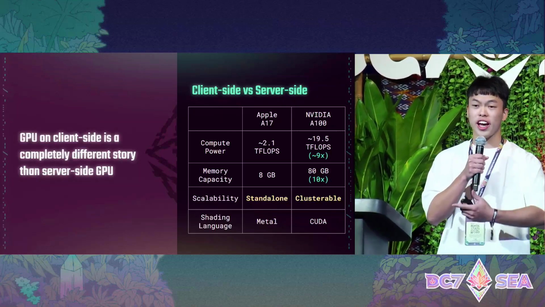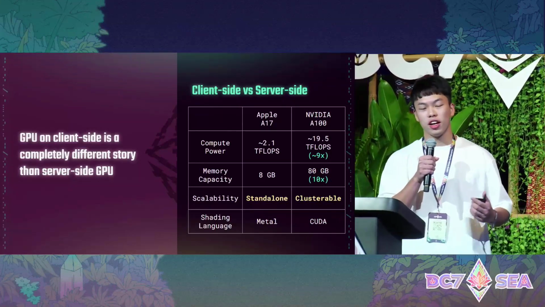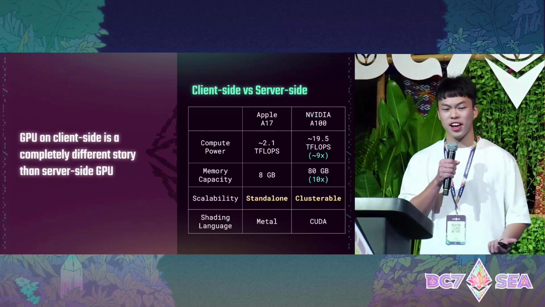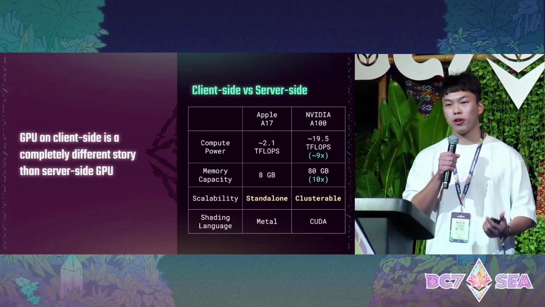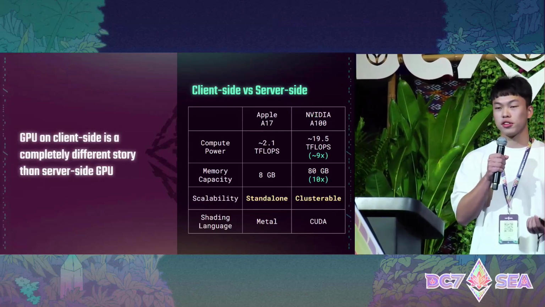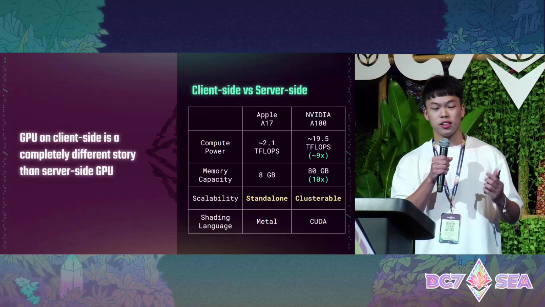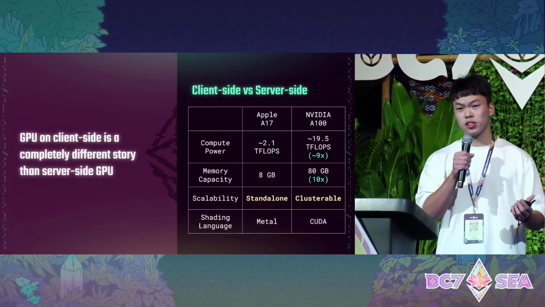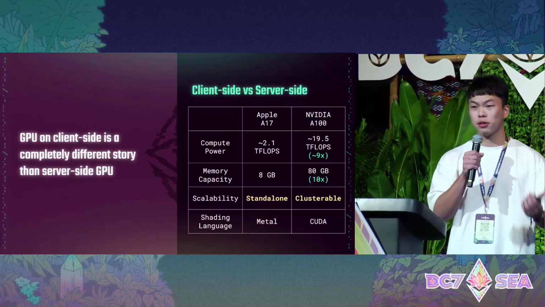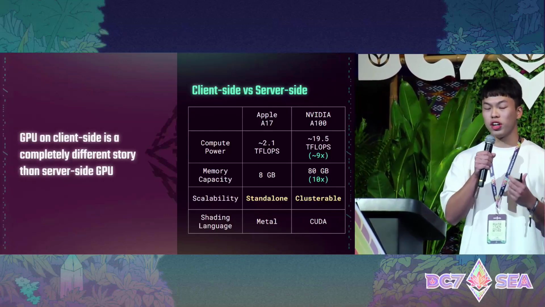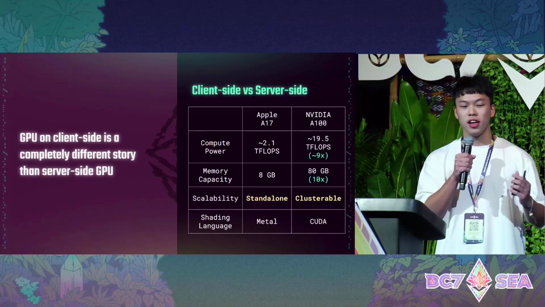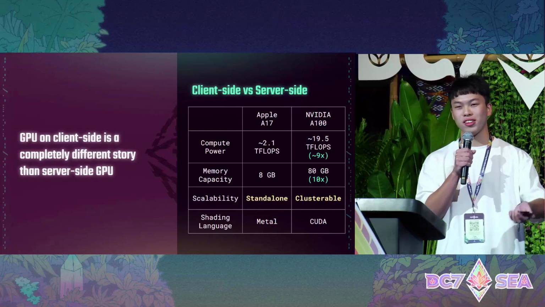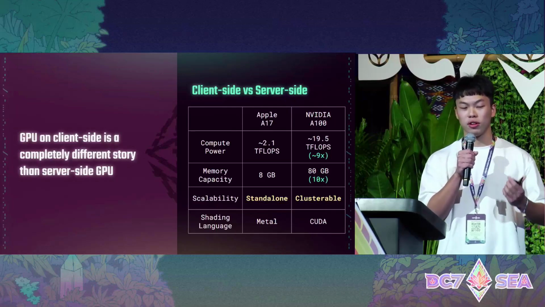If you look at the right-hand side table, you can see that although there is only about 9x, 10x difference in compute power or memory capacity of server-side GPU, it seems not that much, but the point is it can be clustered with hundreds of thousands of GPUs to do extremely fast computations. On the other hand, the mobile GPU is just the one that sits on your phone, so it's relatively limited.